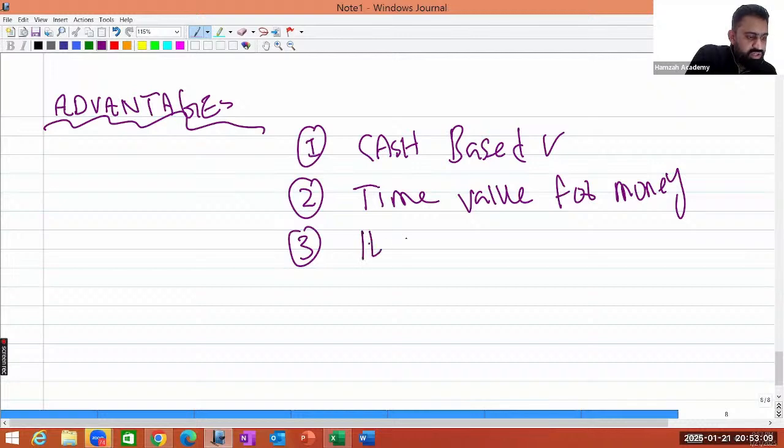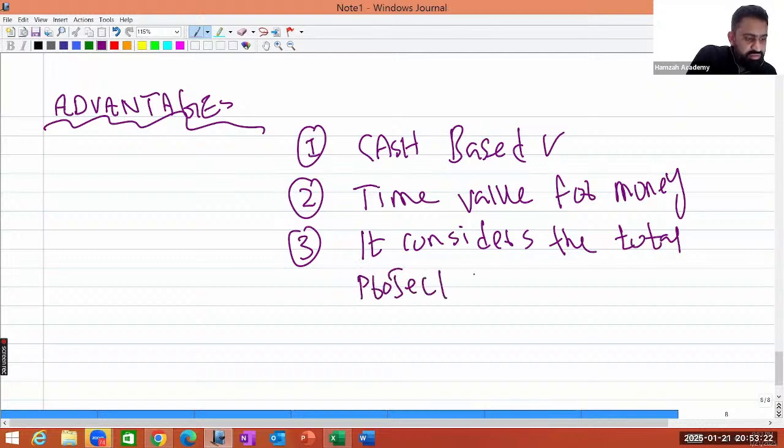Third advantage, it considers the total project life. Like payback period, it does not ignore the cash flow after the payback. It considers the whole life of the project.